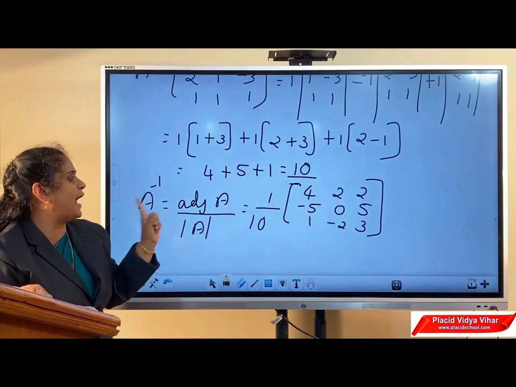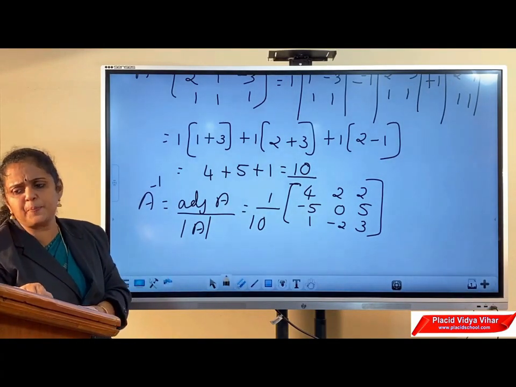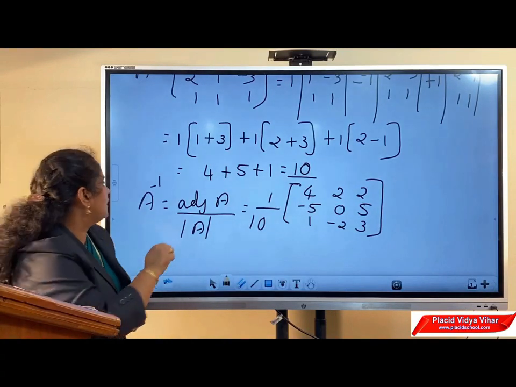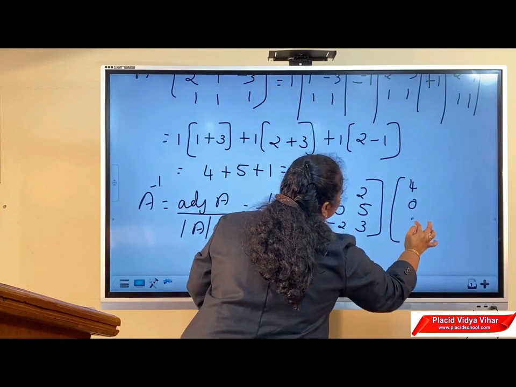X is equal to A inverse into B. B is 4, 0, 2. Multiply this.